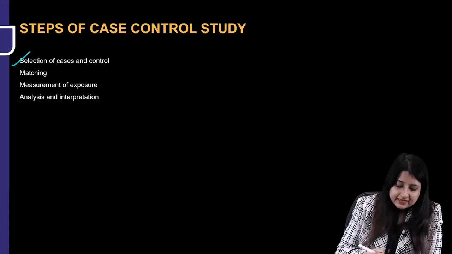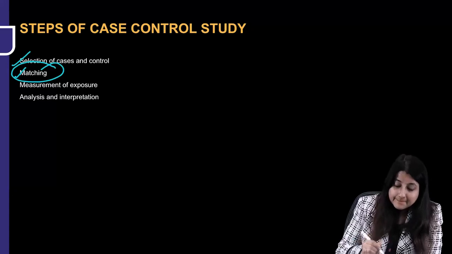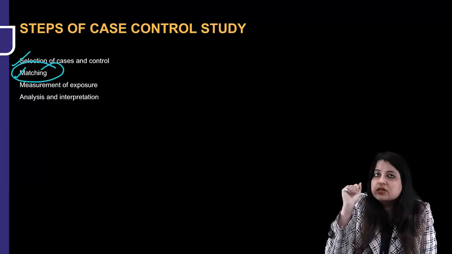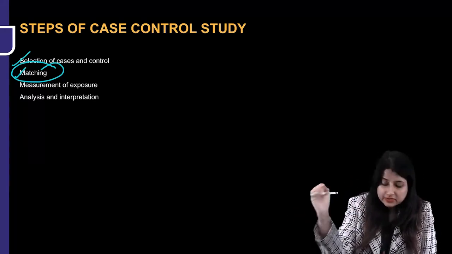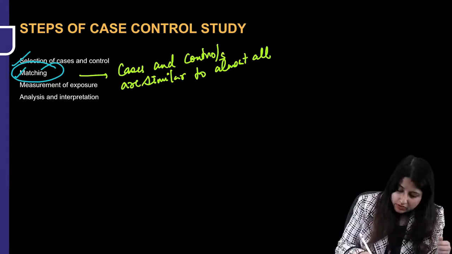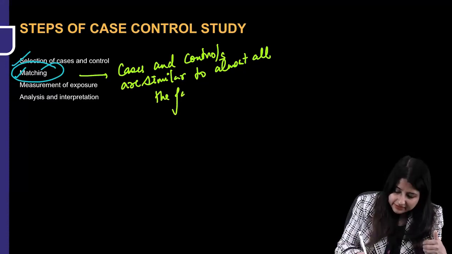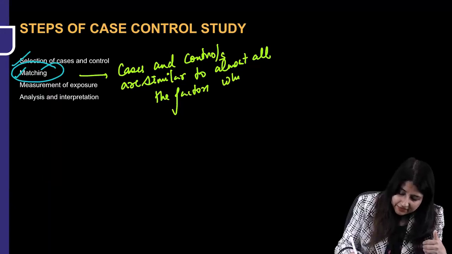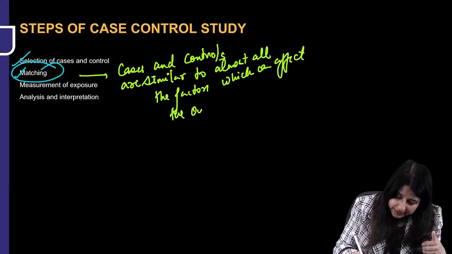You select the cases and control. You match them. Now, this word we will be studying matching. Like in cohort study, the buzzword was follow-up. Whenever you see the word matching, it should give you an idea that we are referring to a case control study. Matching means that the cases and controls are matched for almost all the factors which can affect the outcome of the study.